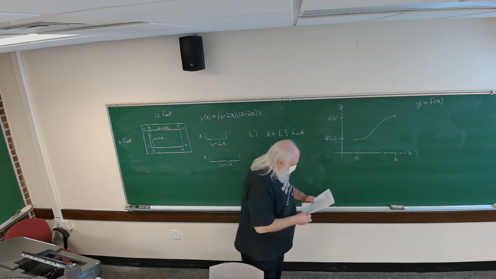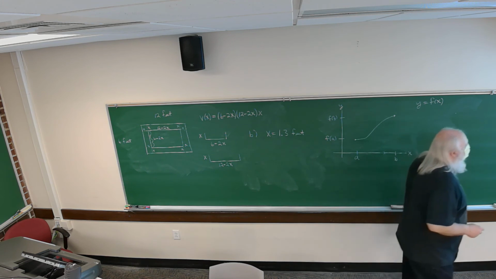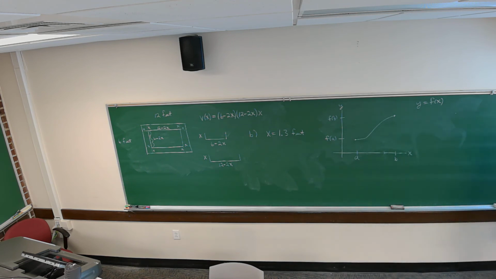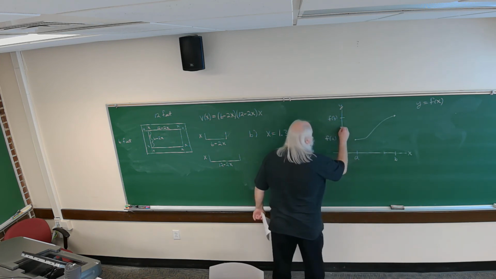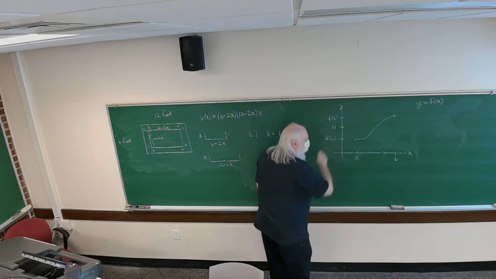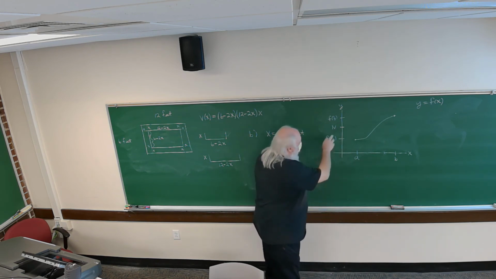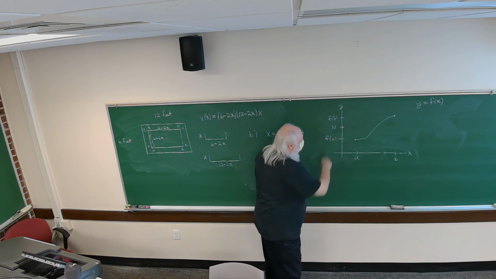Now, N, capital N, is any number between f of a and f of b. Here's f of a and f of b, and I'm just picking an arbitrary point between them on the y-axis.